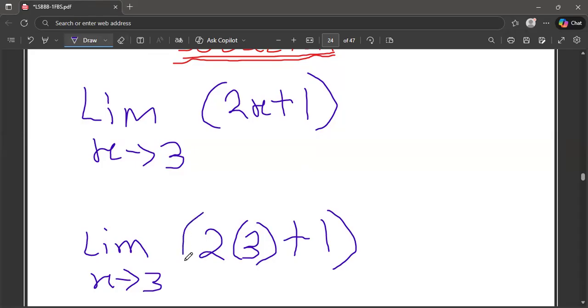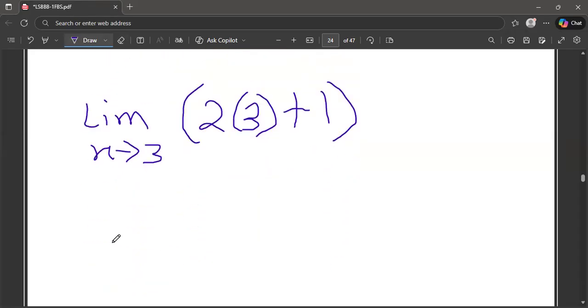6. Yes. Okay. So at the end of the day, I'm getting the limit as x approaches 3, giving me 2 times 3. This is multiplication, so dot. 2 times 3 is 6.